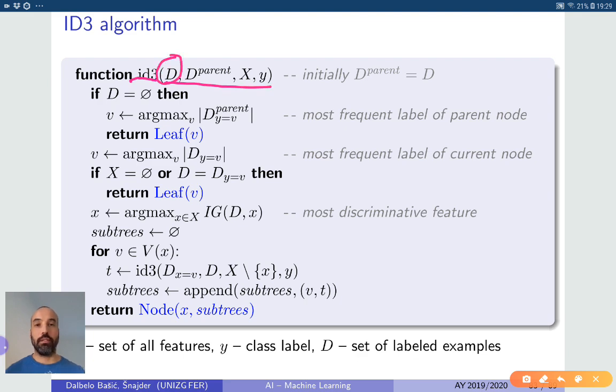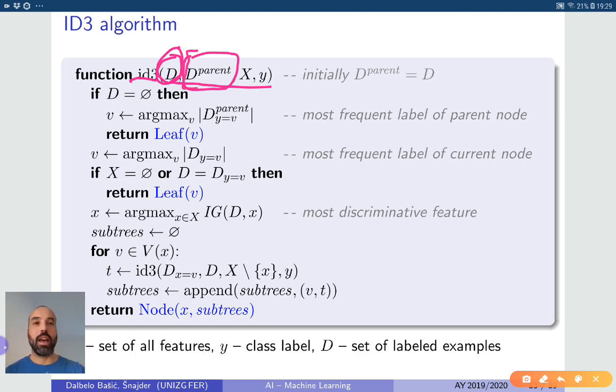D is the training set, the set of labeled examples, right? And then there's going to be the parent's data set. The idea is that initially we start with D being the entire set of examples, but the function is going to be recursive since we are building a tree here. And then I'll be reducing D to subsets as I move on.